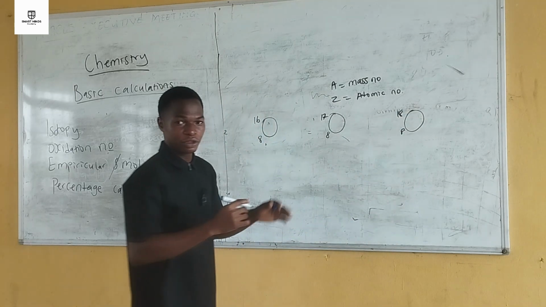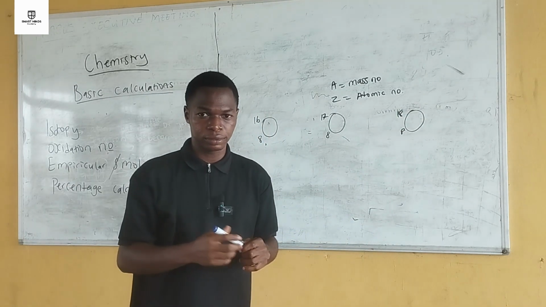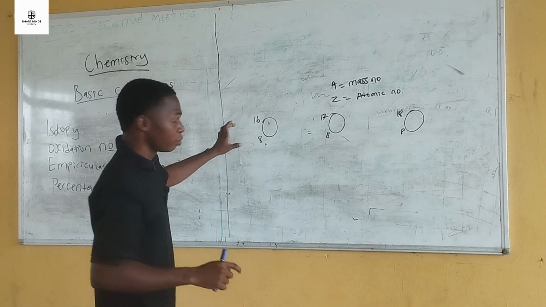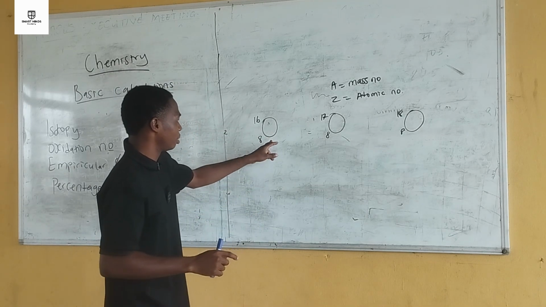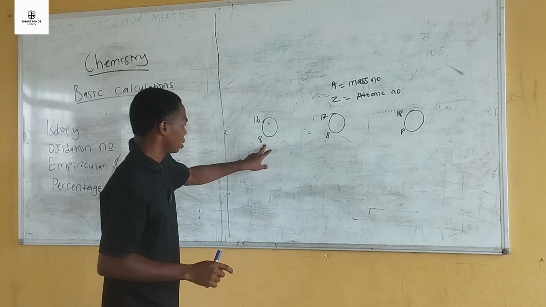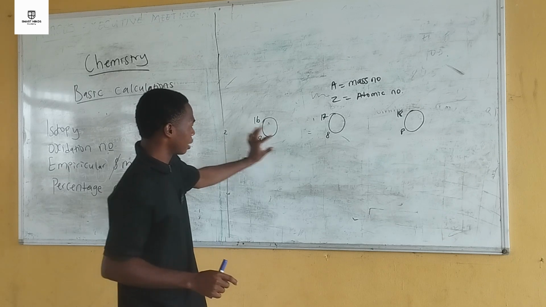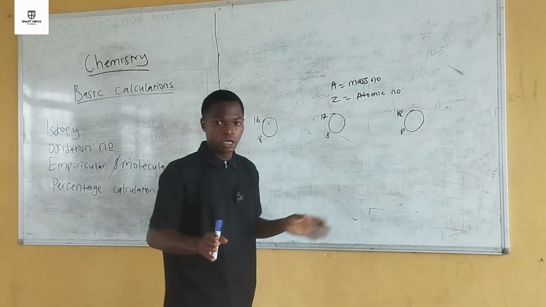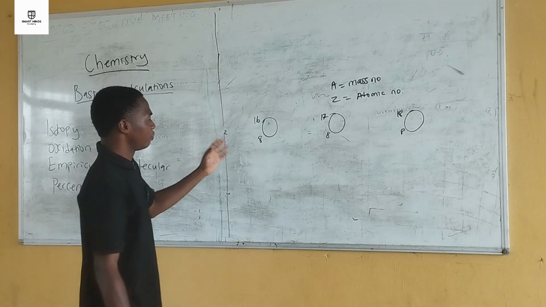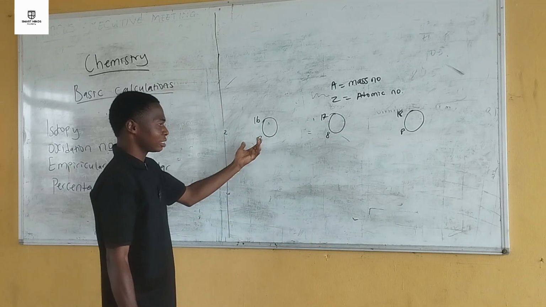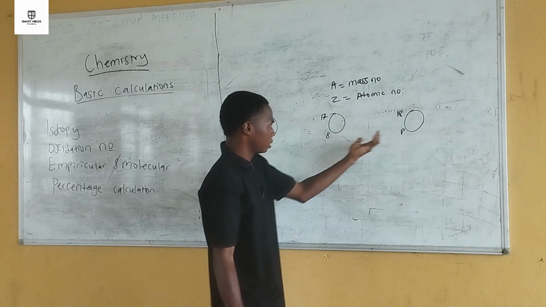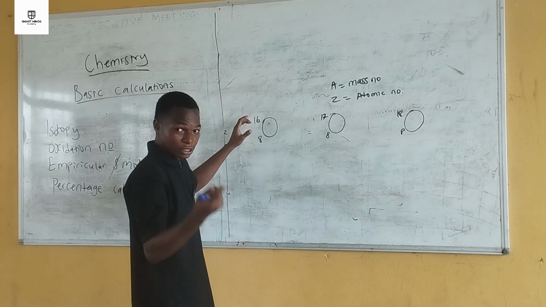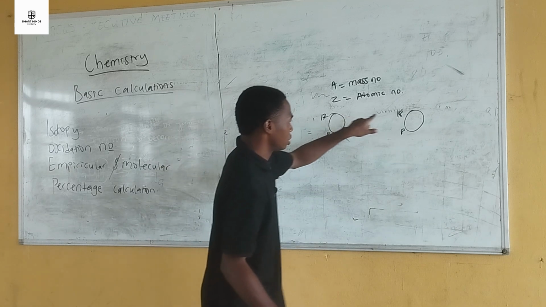From this, can you define isotopy? This is the phenomenon where an element has the same atomic number but different mass numbers. Oxygen here is 8 for all, but has different mass numbers 16, 17, 18.